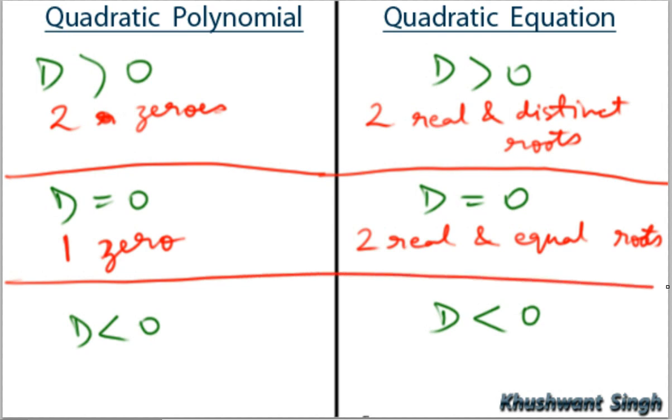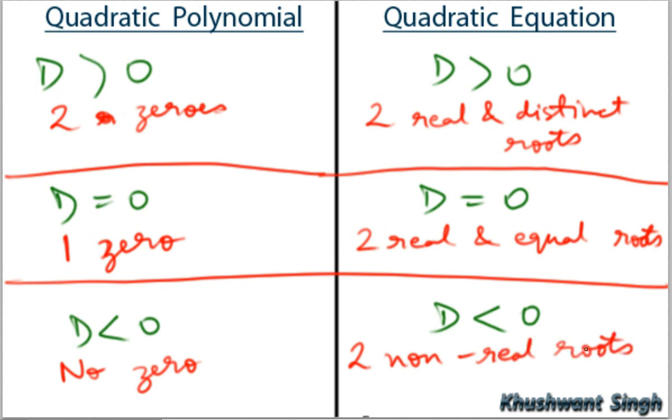And when d is less than 0, then you were not getting any zero, so no zero, and for this equation you were getting two non-real roots. This is extremely important, and this is all our observation.